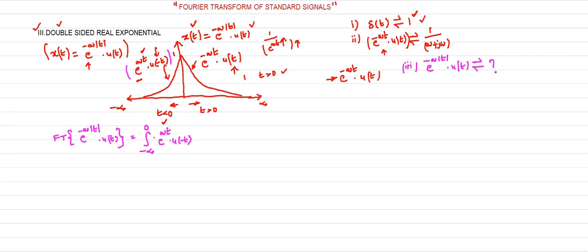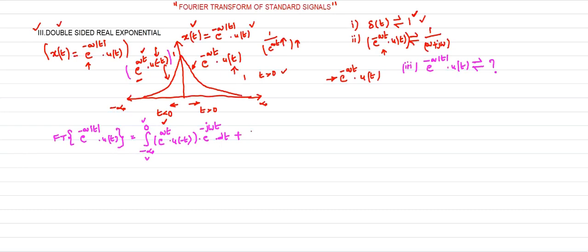That is my signal during the interval minus infinity to 0. This is your signal into e power minus j omega t, which is in the formula, into dt. So that is one part, from minus infinity to 0.